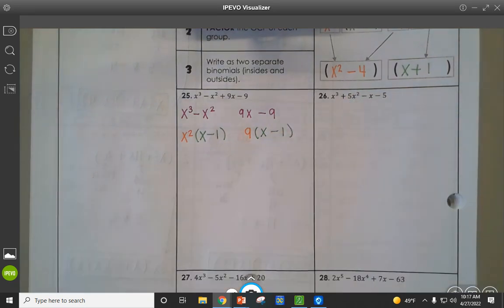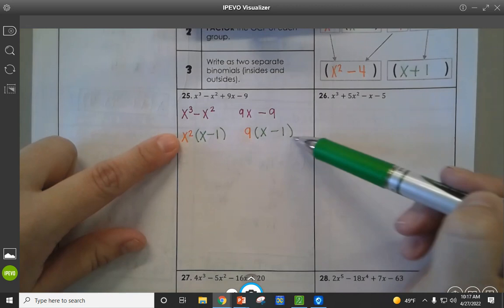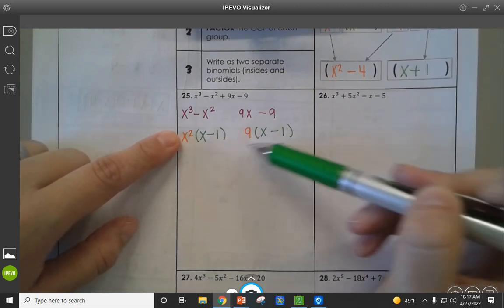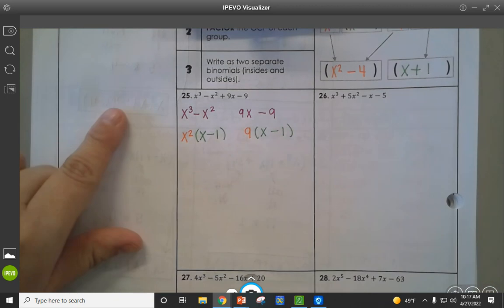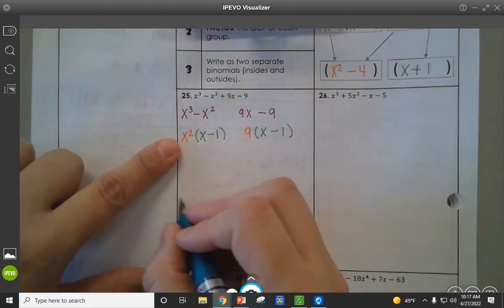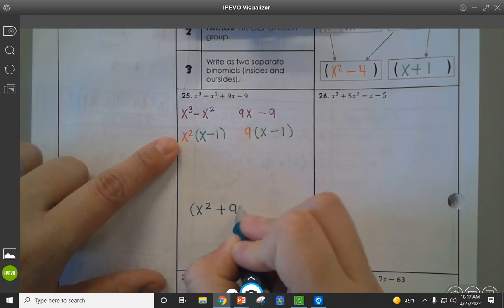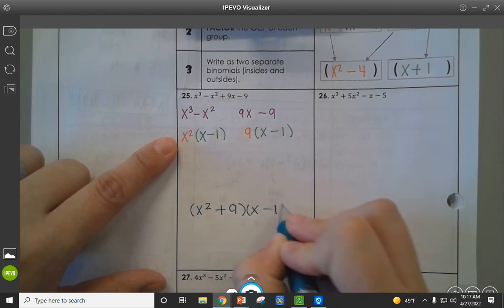Minus 1. Does anybody not know how I got anything from this line? So the final answer that we write is x squared plus 9, x minus 1.